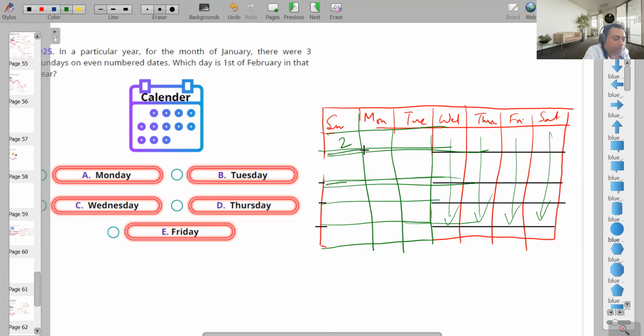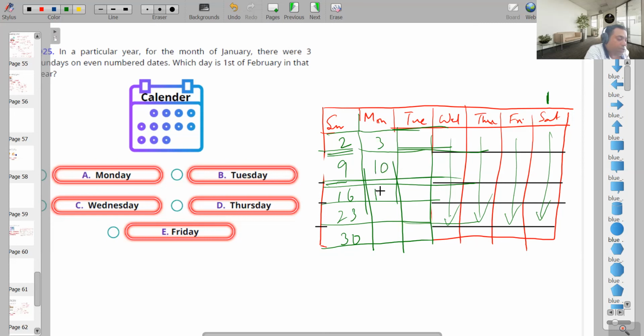If we have day 2 here, then this will be 9, 16, 23 and 30. This one will be 31. So you might be wondering, where has 1 gone? There'll be 1 row above this, and 1 will be here on Saturday. So 1, 2, 3. Over here you'll get 3, sorry, it won't be 31 here. You'll have 3 here, and so on.